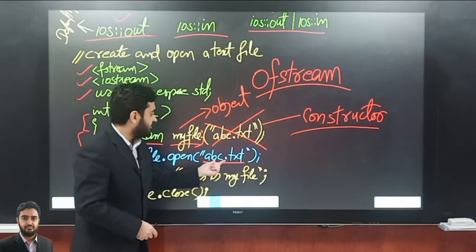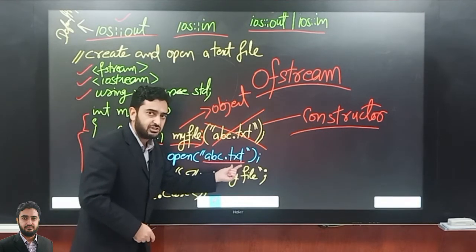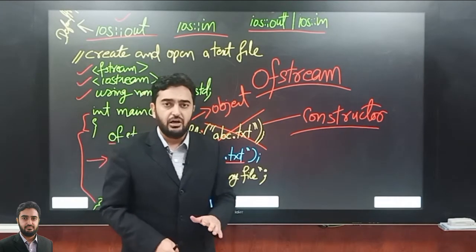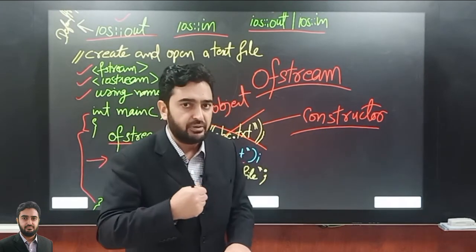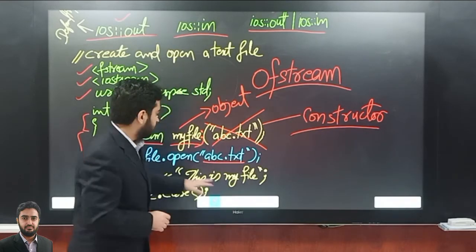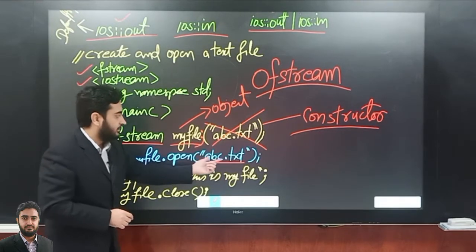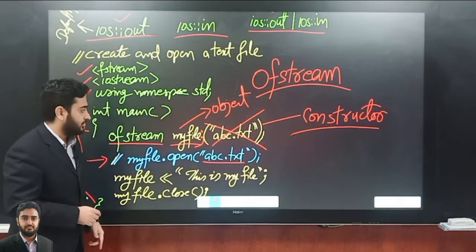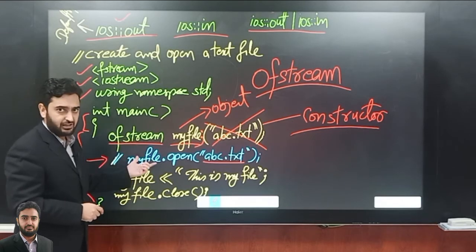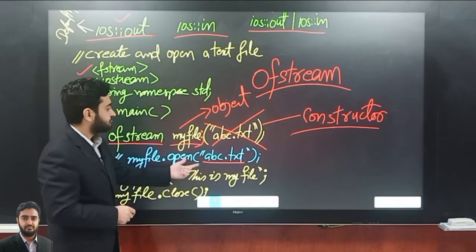So we want to create or open a file with the name abc.txt. If this file already exists, it means that we are going to open it. If this file doesn't exist in the directory, this function will create the new file in the directory where the cpp file or the exe file is saved.